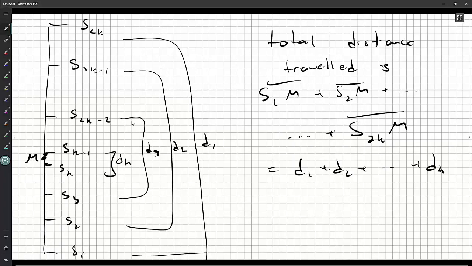Now what we want to do is show if M were anywhere else, then students would be traveling further. Okay. So how are we going to do that?